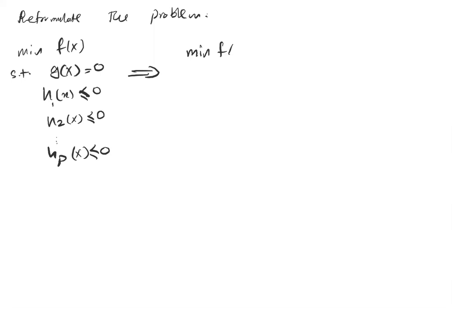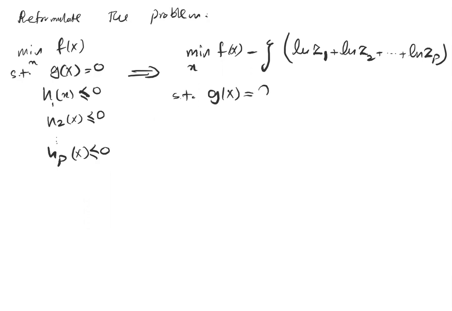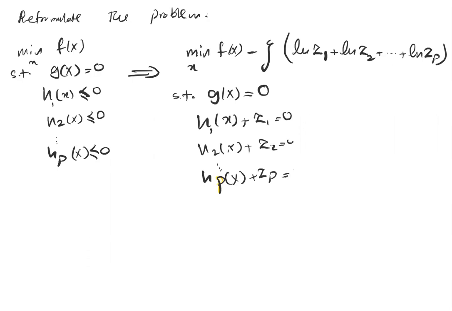We have minimizing f of x, similar to before, minus zeta, which is a constant value, times the logarithm of z1 plus z2 plus z sub p, and then subject to g of x equal to 0 and h1 of x plus z1 equal to 0, h2 of x plus z2 equal to 0, and h sub p of x plus z sub p equal to 0.